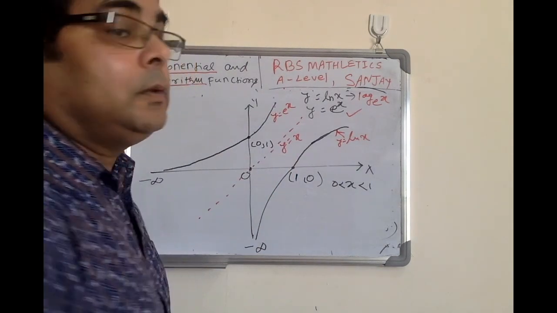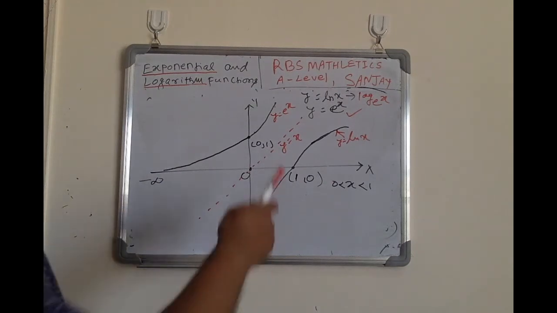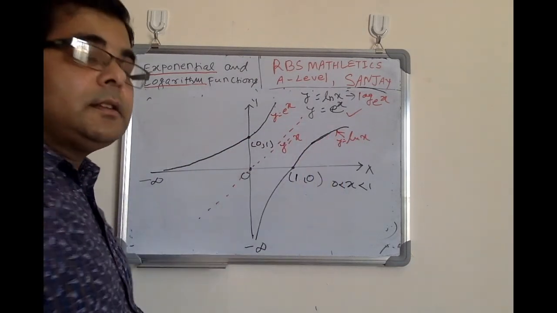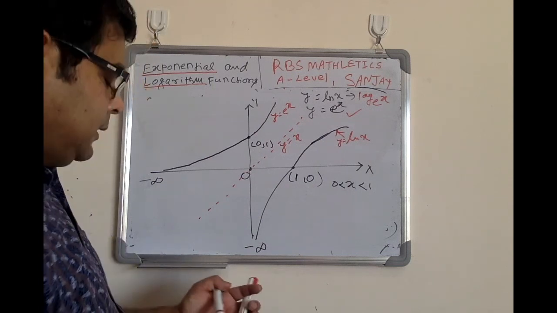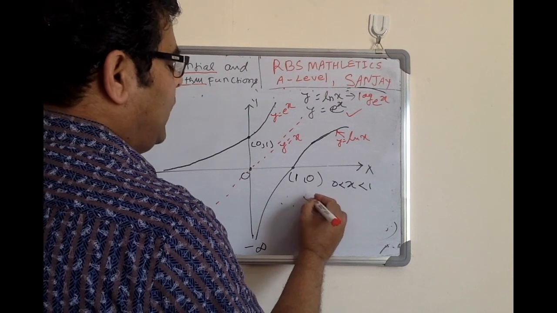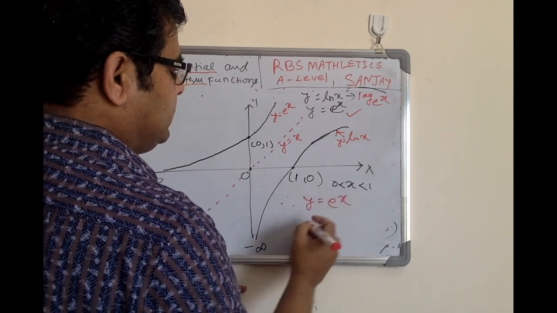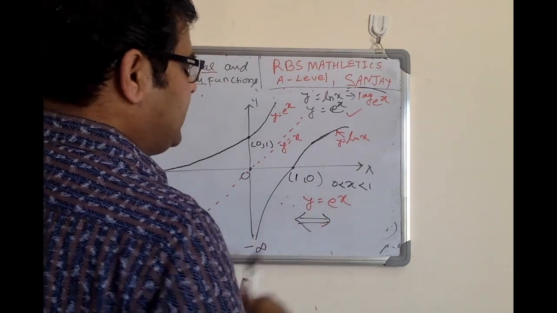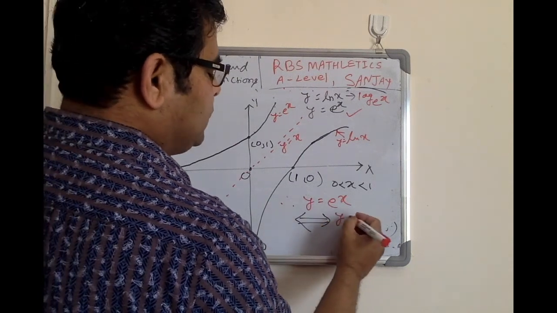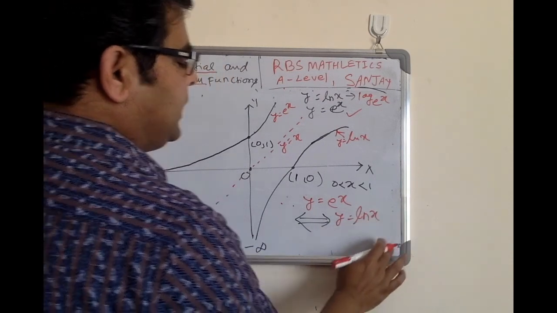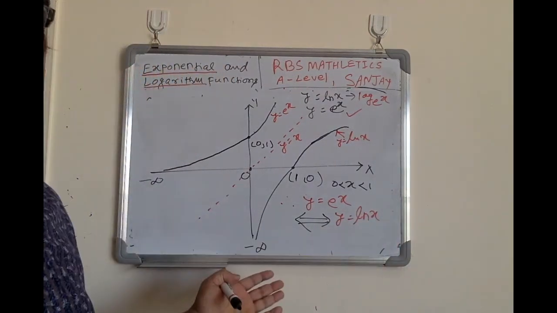In this case also, you can see that the functions y equals e^x and y equals ln x are inverse to each other, and therefore you can write y equals e^x both ways implies that y equals ln x. So that means they are inverse to each other.